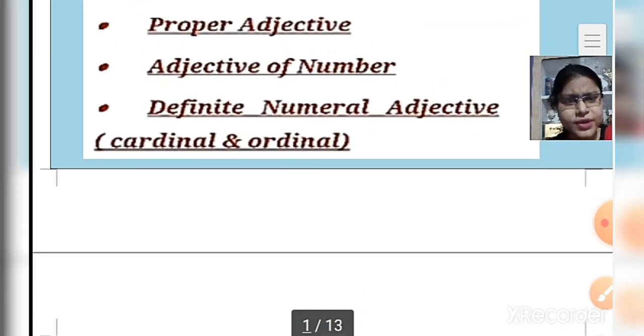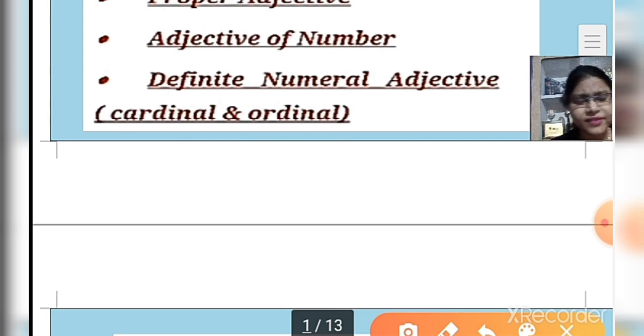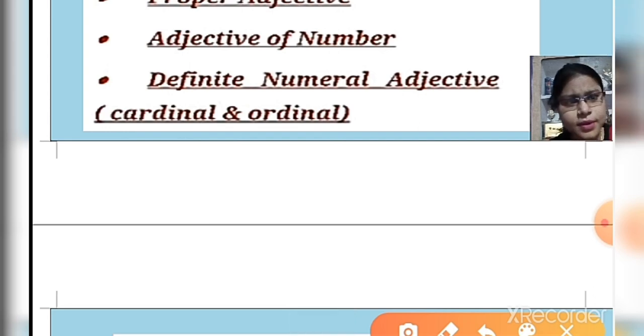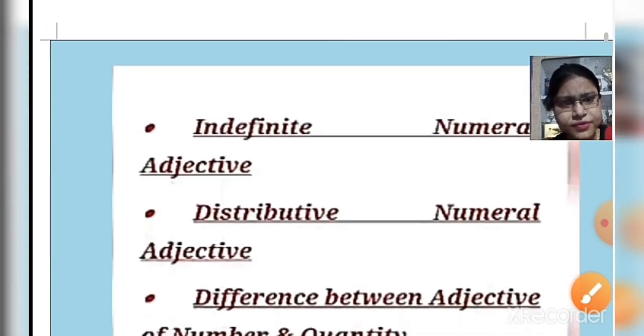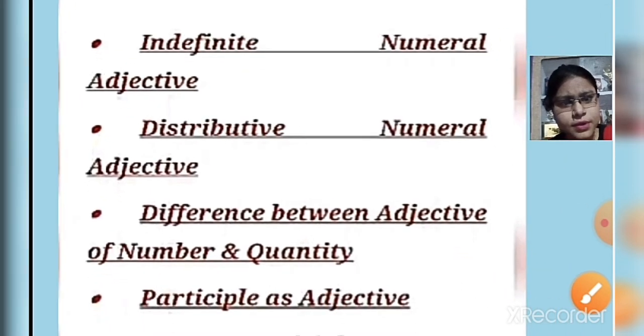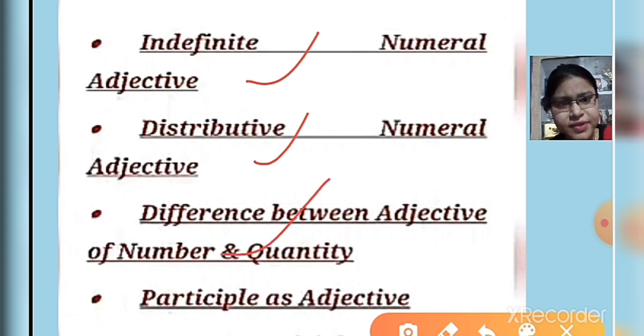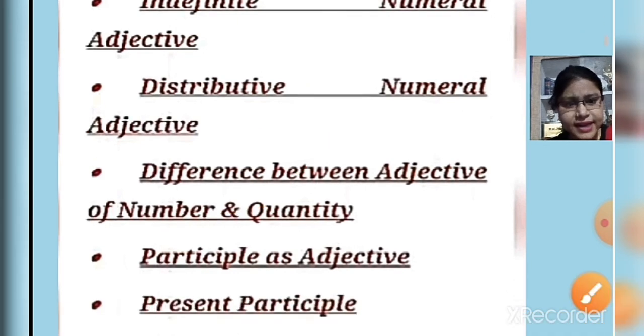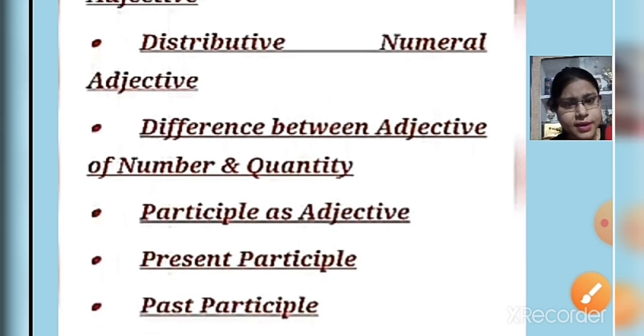So children, in today's class we have completed adjectives of number, in which we talked about definite adjectives, then cardinal and ordinal, and also indefinite numeral and distributive numeral, then the difference between adjective of number and adjective of quantity. Then participle as adjective, and present and past participles are those types of adjectives.